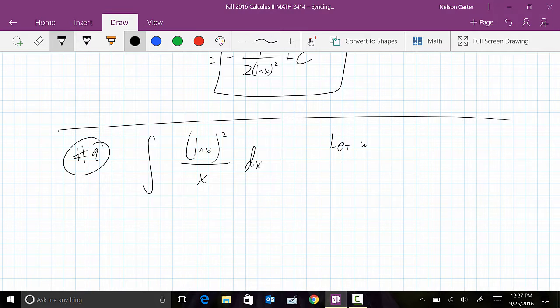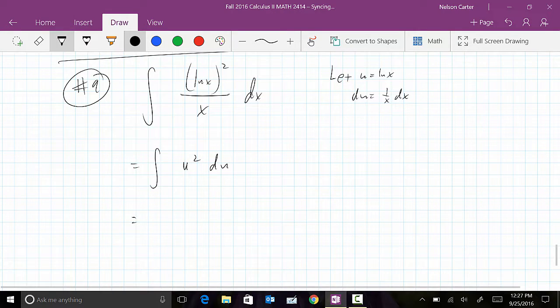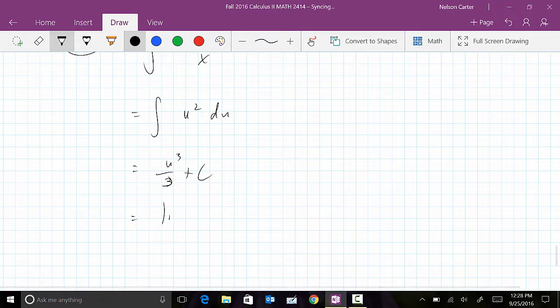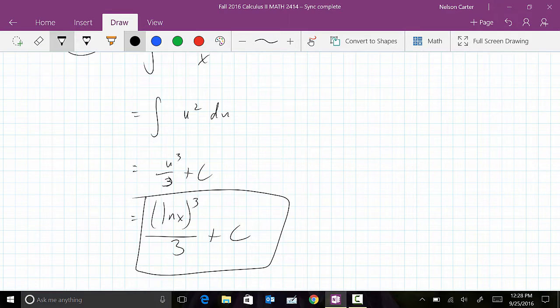If we let u equal the ln of x, then du is 1 over x dx. So this is the integral of u squared, and then the 1 over x dx is du. Then you just get u cubed over 3 plus a constant. And u is the ln of x, so this becomes the ln of x all cubed over 3 plus a constant, and that's it. Okay, that's number 9.